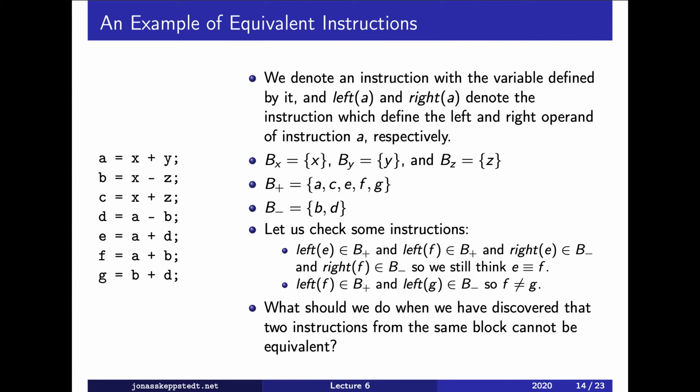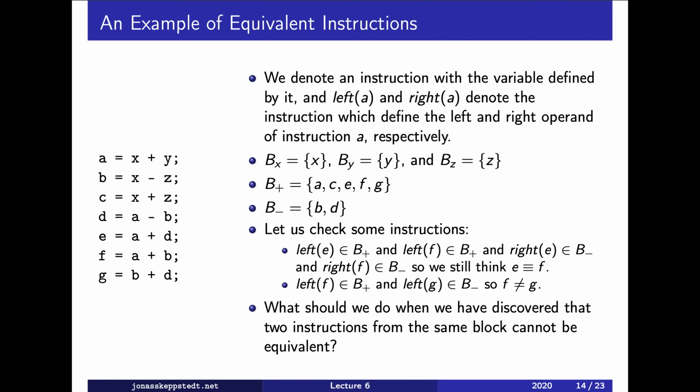Okay, let's then check F and G. Left F is in B plus, but left G is in B minus, so F and G are not equivalent. And what should we do then? We should split the block B plus so that those which agree or are equivalent with one are put in one new block, and all the others are put in another block.